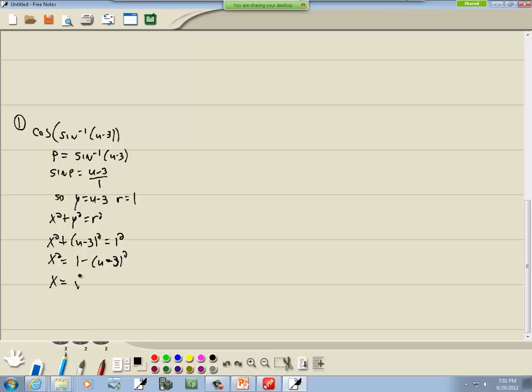So we got x is equal to square root of 1 minus u minus 3 squared. Okay, and we're looking at our outer trig function, which is cosine. Cosine is x over r. So we're going to have the square root of 1 minus u minus 3 squared over r, which was 1.